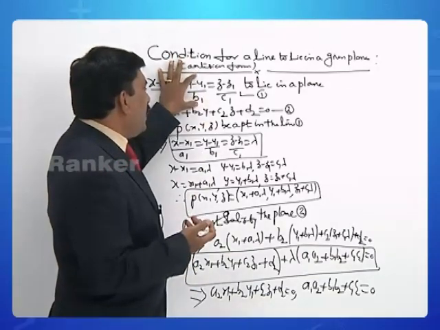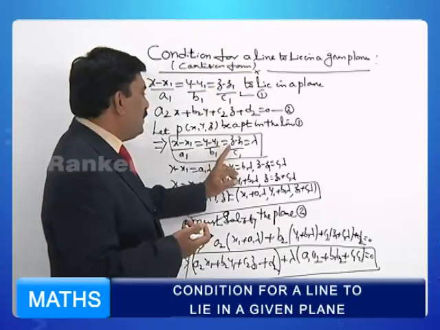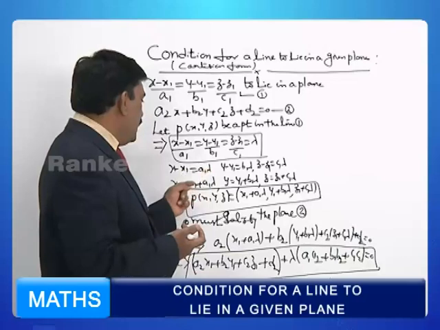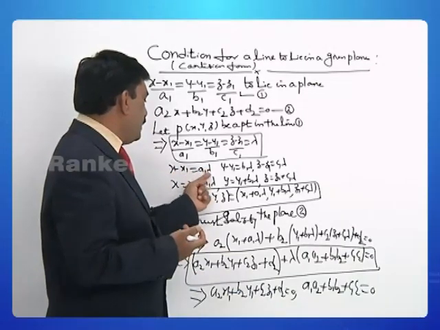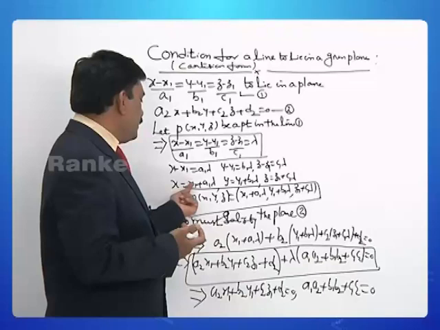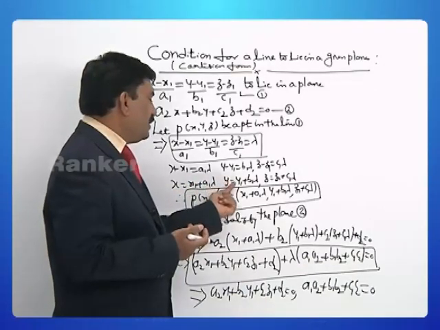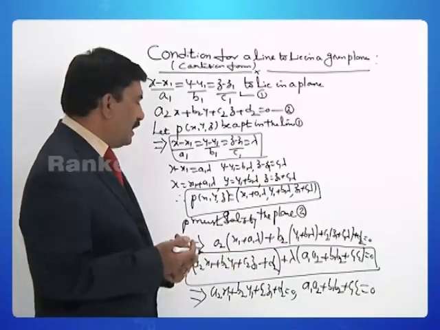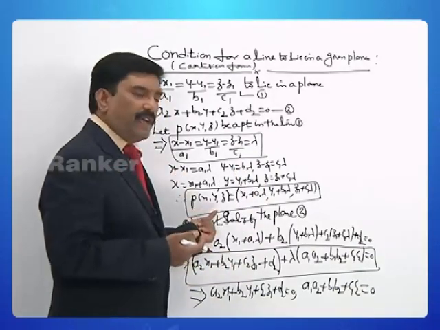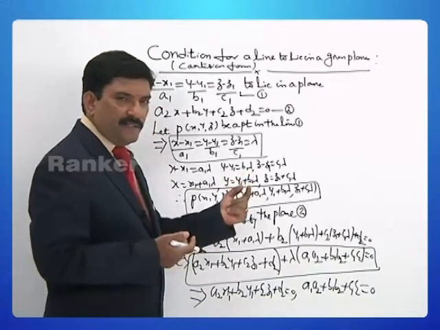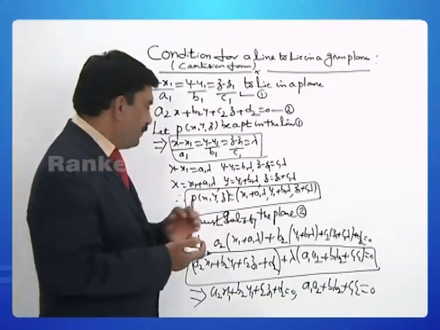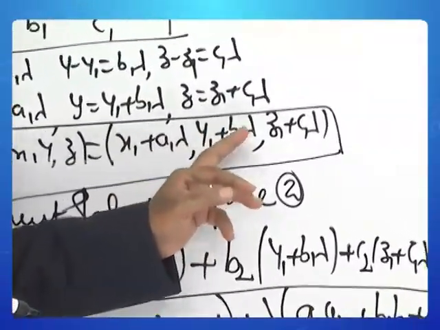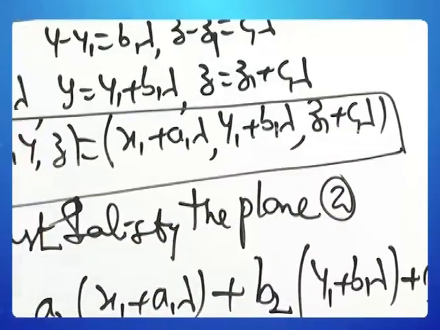First you select a point on this line with lambda. Cross multiplying, x minus x1 is equal to a1 lambda. Transferring x1, x is equal to x1 plus a1 lambda, y is equal to y1 plus b1 lambda, z is equal to z1 plus c1 lambda. Therefore P of x comma y comma z can be taken as x1 plus a1 lambda, y1 plus b1 lambda, z1 plus c1 lambda.